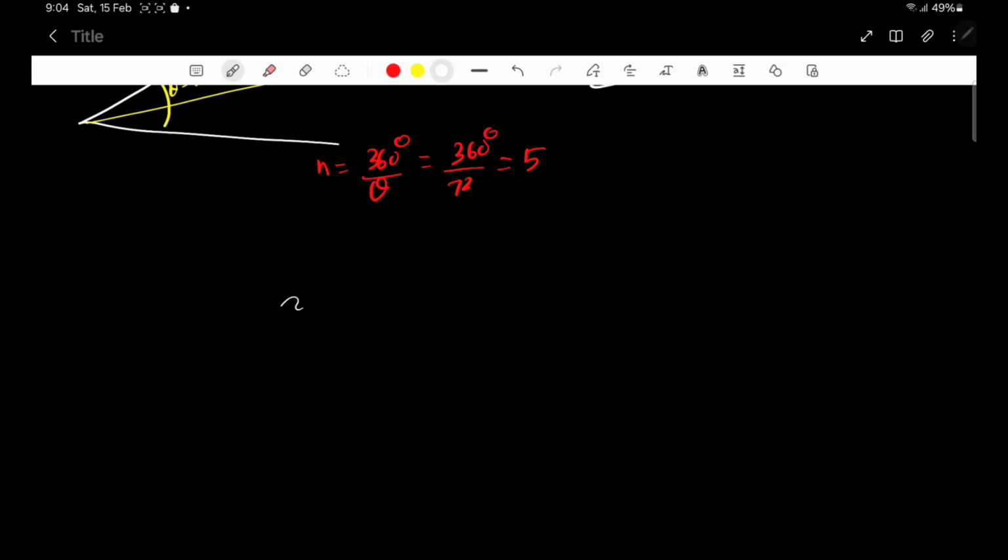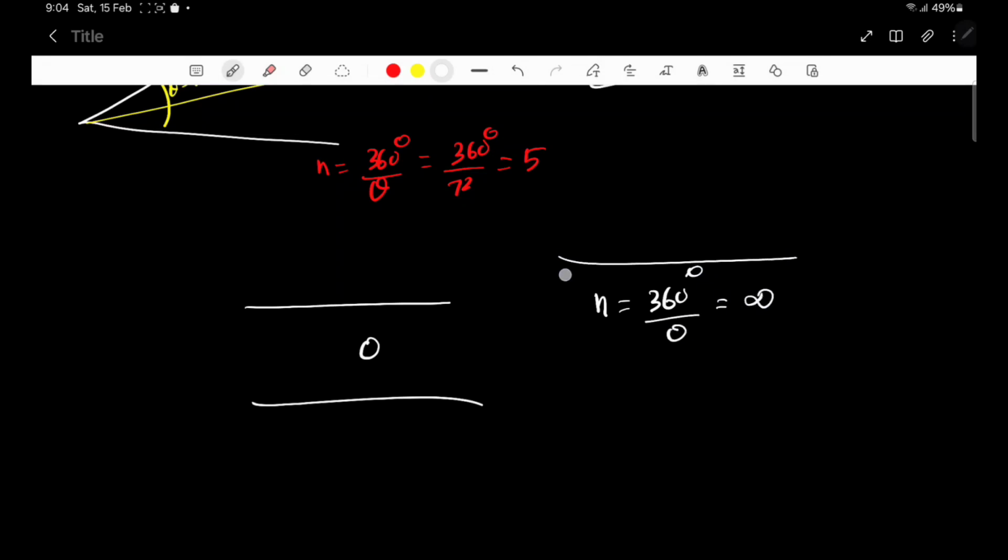And if you are placing any parallel plane mirrors, and placing an object in between these two parallel plane mirrors, then the total number of images formed is equal to 360 by 0, which is 1 by 0, equal to infinite. So an infinite number of images will be formed in that case. I think you might have sensed this in a barber shop.